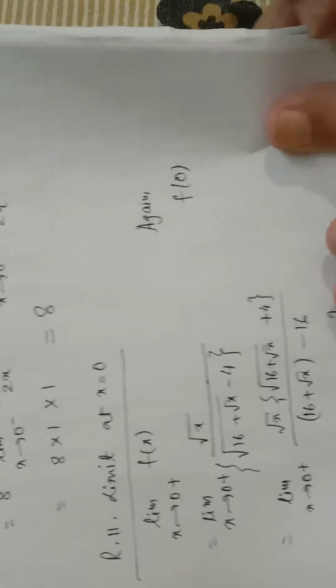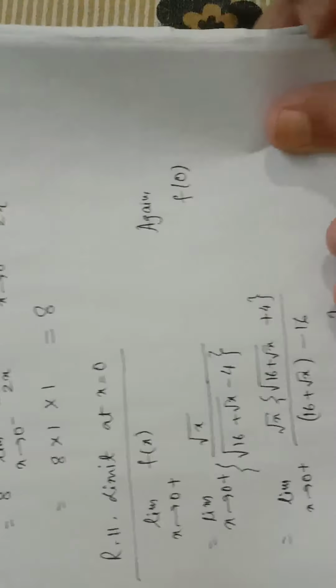Here we have to show this function is discontinuous at all integral points, that is at x equal to 1, 2, 3, 4, 5, minus 1, minus 2. Let us take any arbitrary integer. Let x equal to a, where a is any integer.